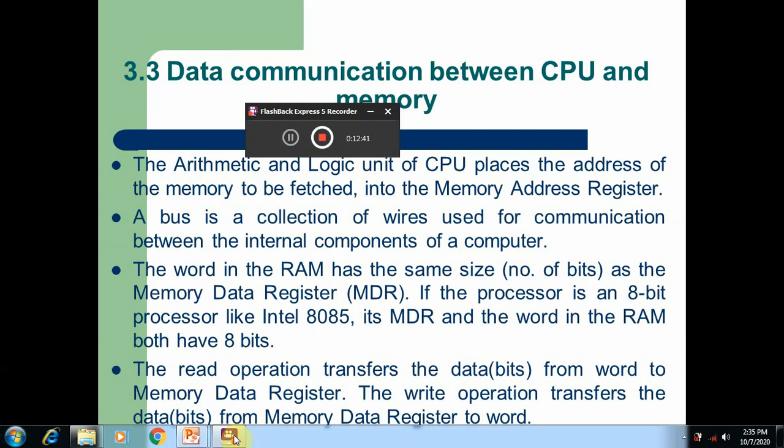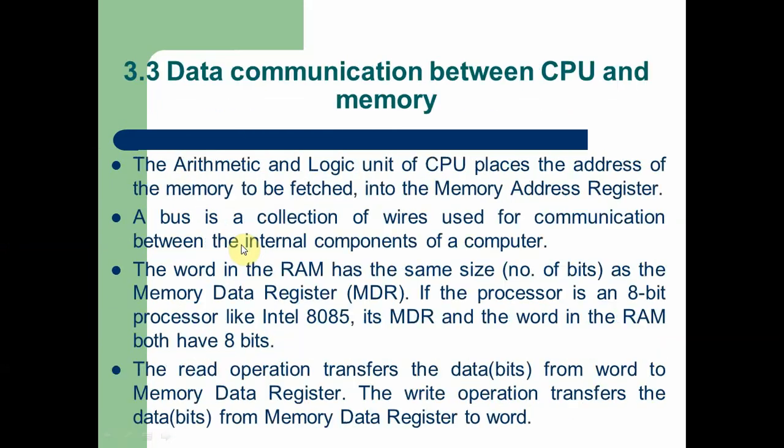Next component: the word in RAM has the same size, that is number of bytes, as the memory data register. If the processor is an 8-bit processor like Intel 8085, its MDR and the word in the RAM both have 8 bits.